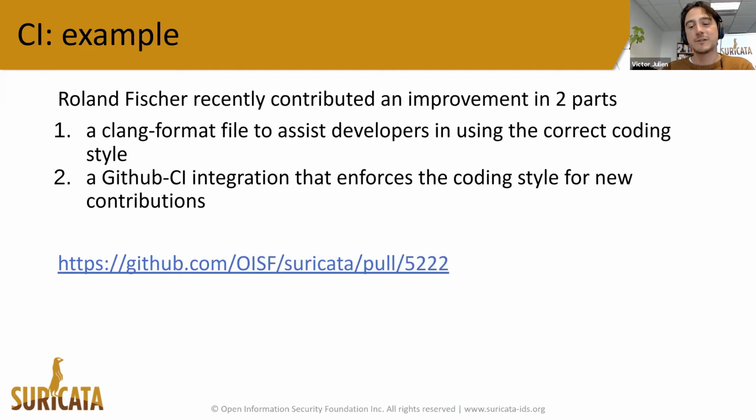He has also created a few util files and scripts to make it easy for you to use the proper coding style. So this is an example of a contribution that doesn't change the functionality of Suricata, but it's still very useful to the project and to the development process, both in the community as well as in the team.